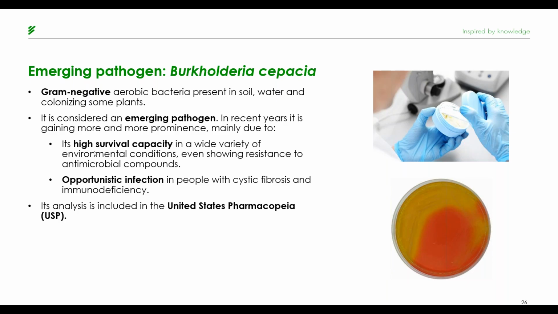Burkholderia cepacia can survive in many different habitats and under very diverse environmental conditions. It can also resist some antimicrobial compounds. It also causes opportunistic infection in people with cystic fibrosis and some immunodeficiencies. And the analysis of Burkholderia cepacia is performed under the United States Pharmacopoeia.